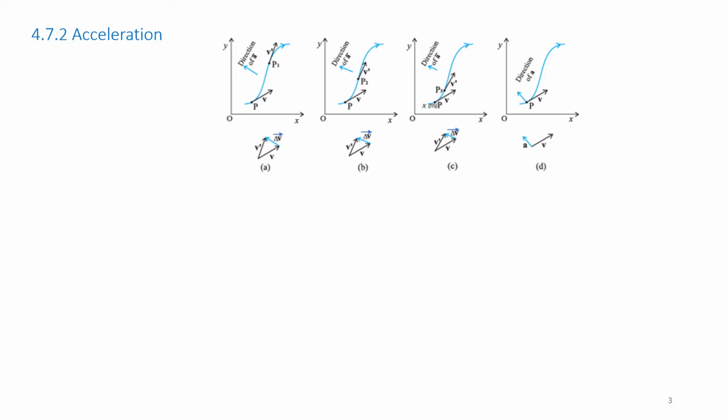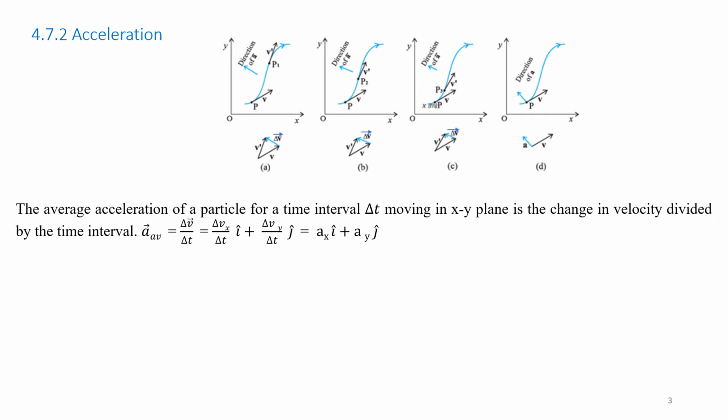The theory of acceleration in two dimensions, that is in a plane, can also be explained using vector diagrams. We know the average acceleration is defined as the ratio of change in velocity to the time interval. Therefore, the average acceleration, a average, is equal to delta V by delta T, where delta V is the change in velocity and delta T is the time interval.